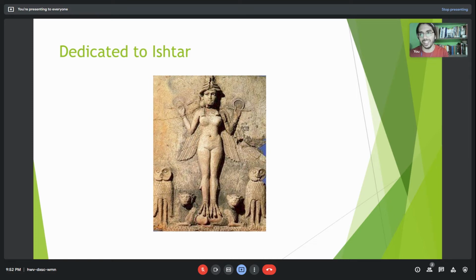So what is called Ishtar? The third point is the dedication to this goddess, who is obviously called Ishtar. This is an ancient Babylonian goddess of love and war. What a combination! I know. We can see here a depiction of the goddess from the Epic of Gilgamesh. This is an old story that was told and retold in ancient Babylon, so everybody knew it. It was like the Odyssey to the Greeks.